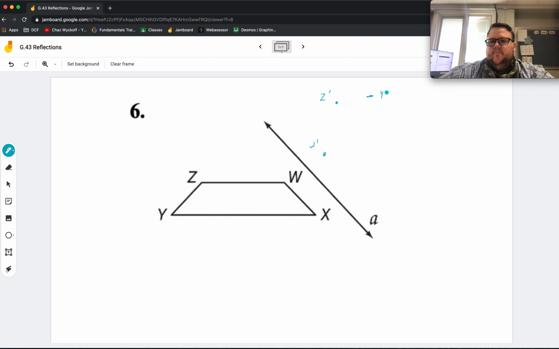And you notice, for now, we're just eyeballing it. But later on, we're going to do this in coordinates. So X would be X prime. So then let's draw it. And what you notice is that your pre-image and your image are always the same shape. They're just in different positions and whatnot. So there you guys go.